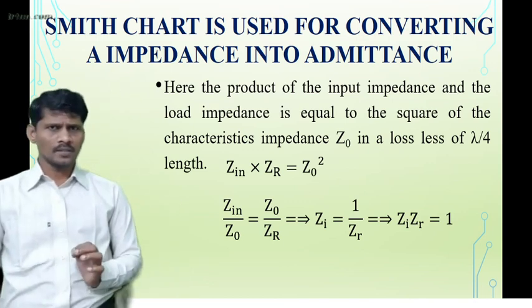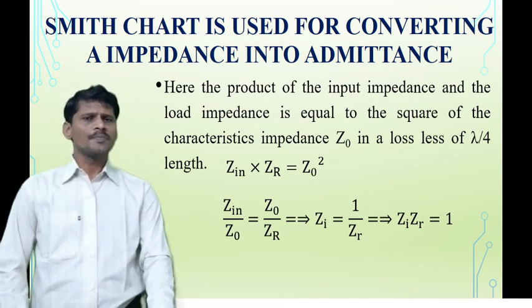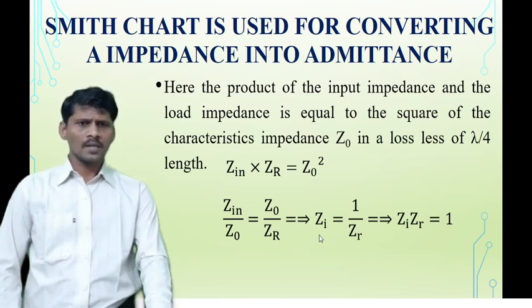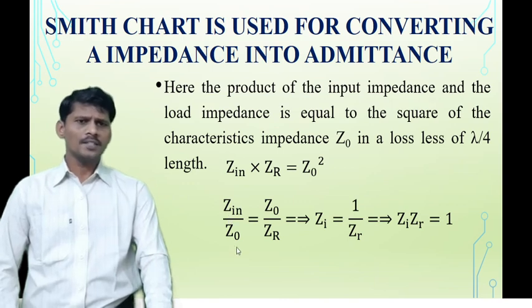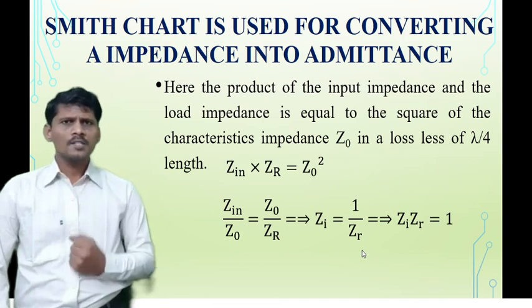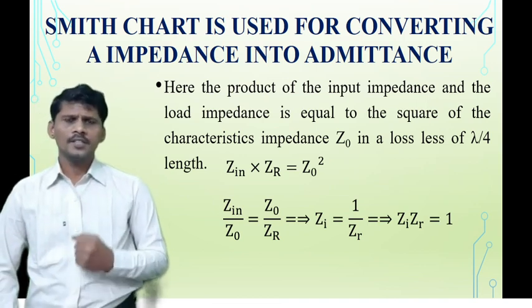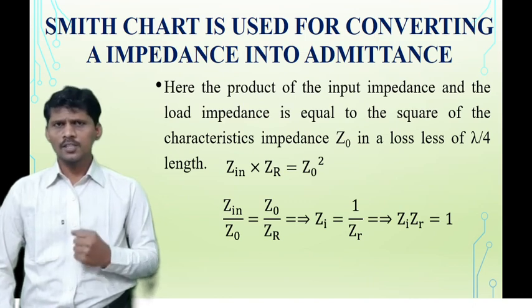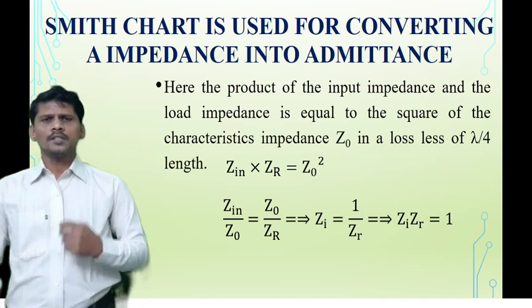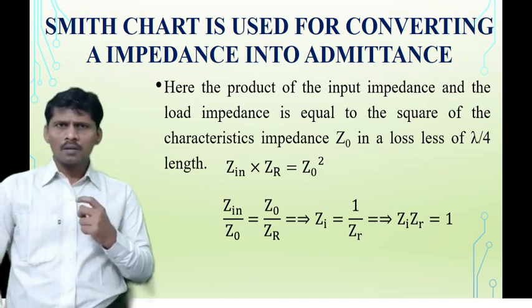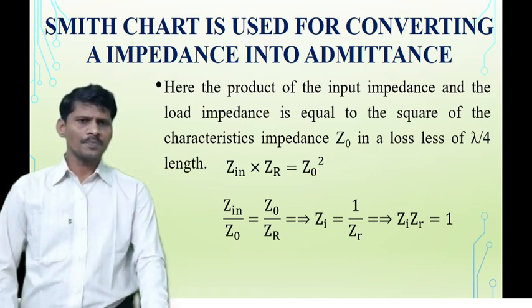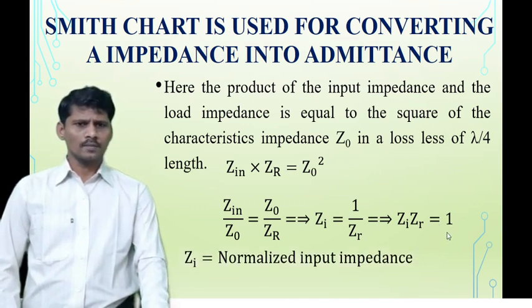The normalized input impedance is defined as the input impedance divided by the characteristic impedance, Zin by Z0. The small zr is the normalized load impedance, given by ZR by Z0. So from this equation, zi into zr is equal to 1.